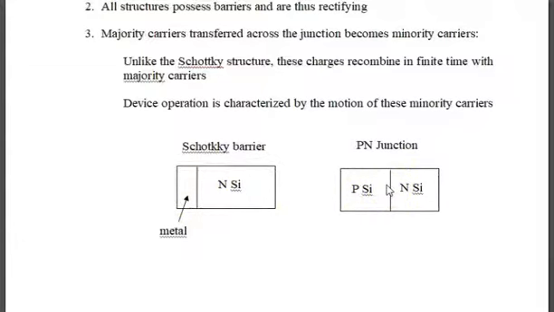I shouldn't say drift. They diffuse. They diffuse through the P-type silicon, and the current in the P-type silicon is a diffusion current, whereas here we just have drift current.